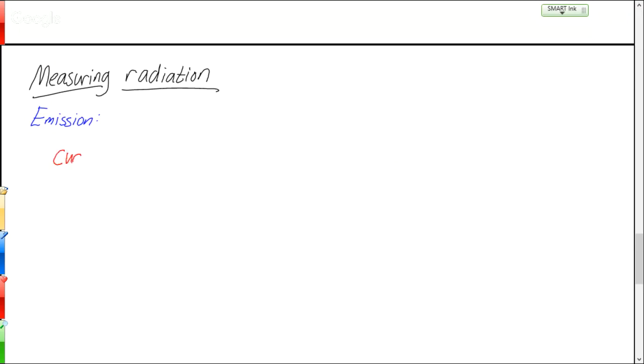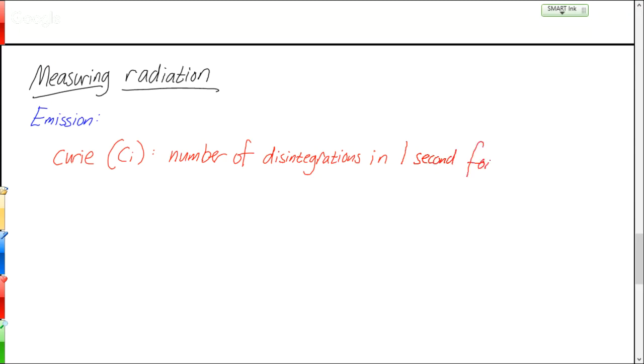One is the Curie, which is the number of nuclear disintegrations, or we'll just say disintegrations, like just particles that are falling apart, in 1 second for 1 gram of radium.